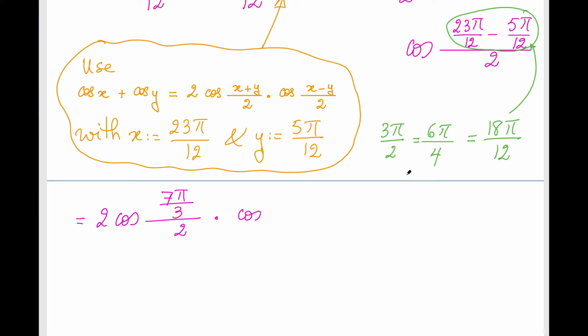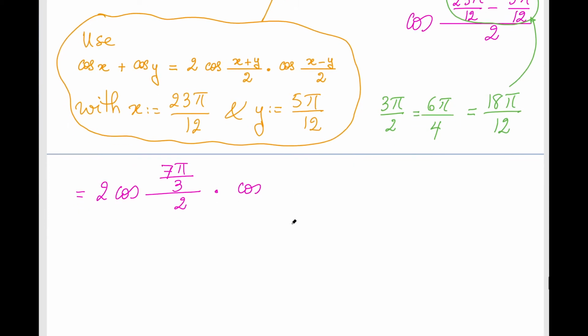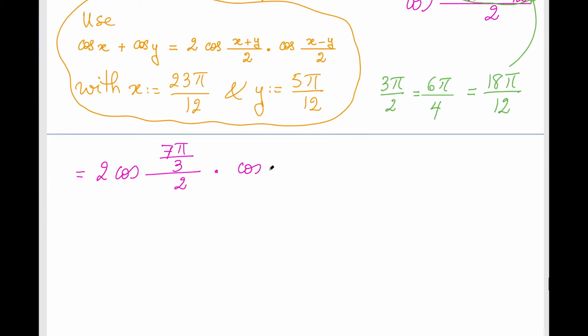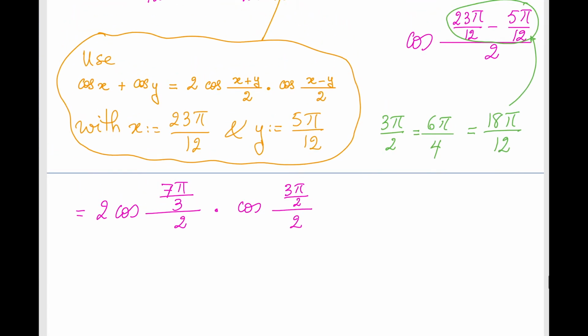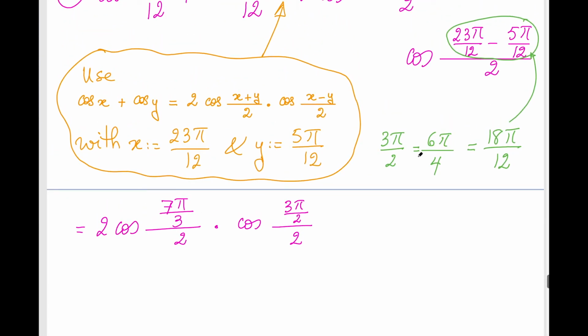I could have simplified by 6 immediately, and you're gonna get the same thing, obviously. All right, so then this is equal to cosine of 3 pi over 2 divided by 2, correct? It's that green part, which is 3 pi over 2 divided by 2.